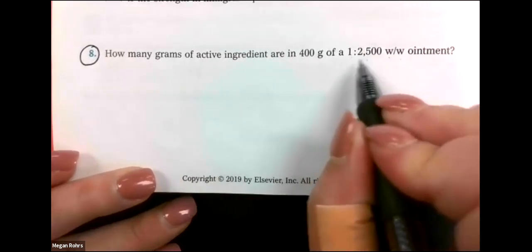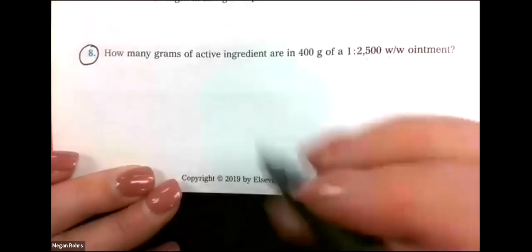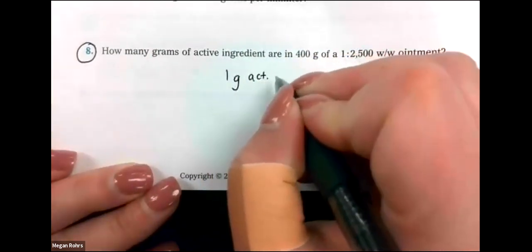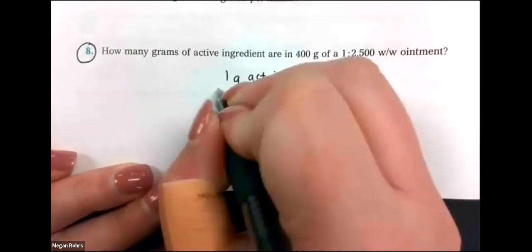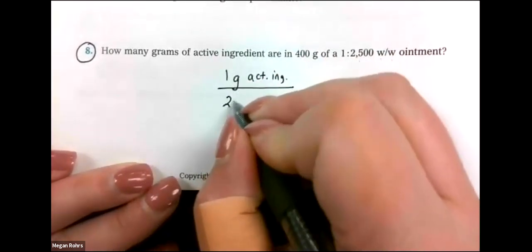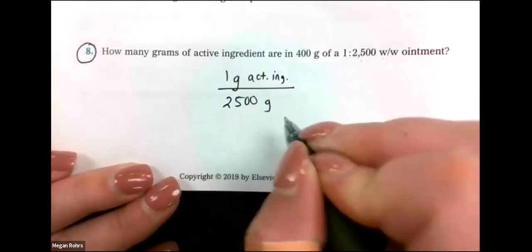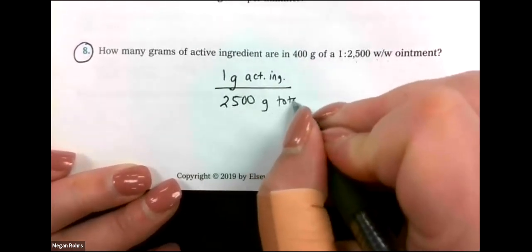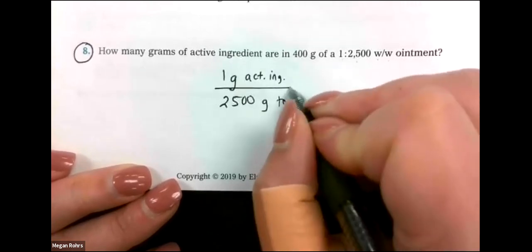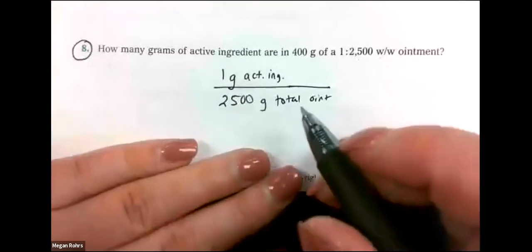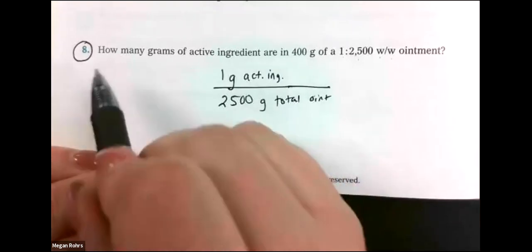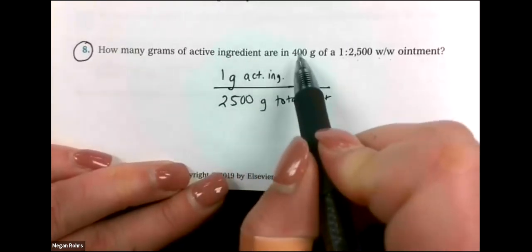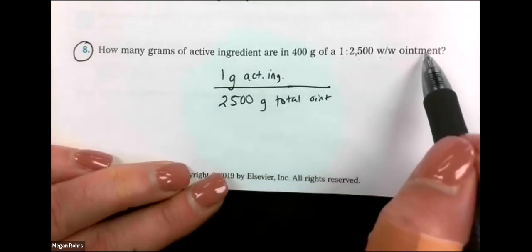We know our ratio strength, we know that we're going to have 1 gram of active ingredient in 2,500 grams, because this is weight per weight, of total ointment. Now the question is asking, how many grams of active ingredient are in 400 grams of an ointment?